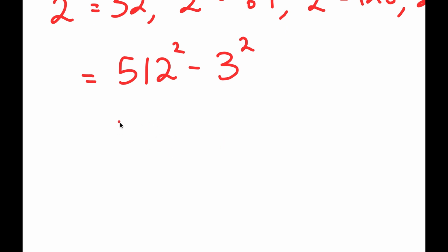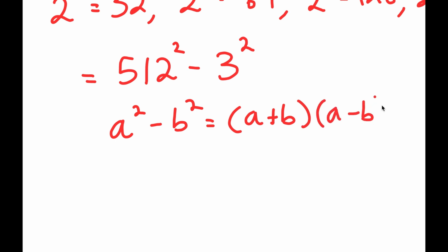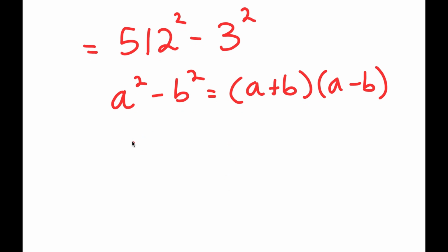Now, if I have something in the form a squared minus b squared, this is equal to a plus b times a minus b. So in this case, a is 512 and b is 3.